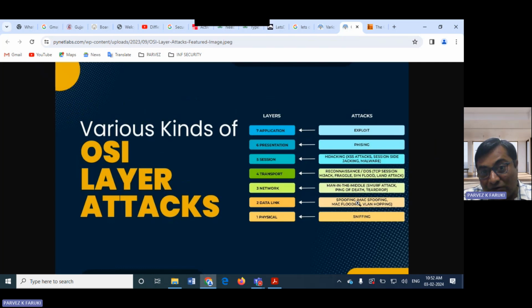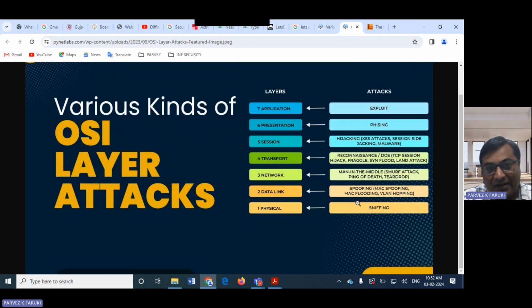So if Eve is able to successfully associate herself as a legitimate client, then I say I have been able to, as an attacker, and let me use a word called adversary, so as an adversary, I have been successful in using a spoofing attack to attack either the client or the server.